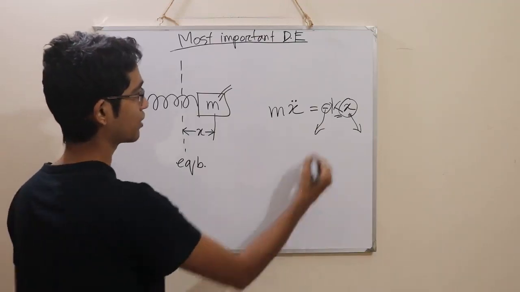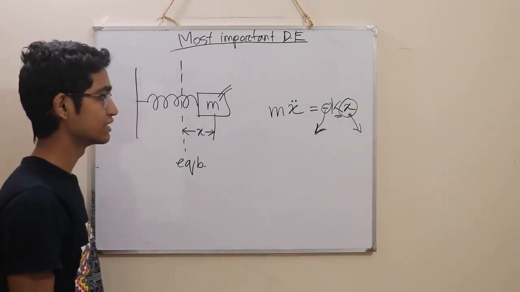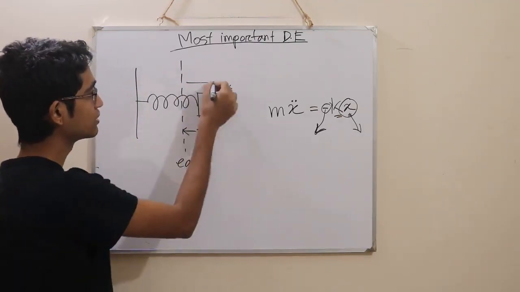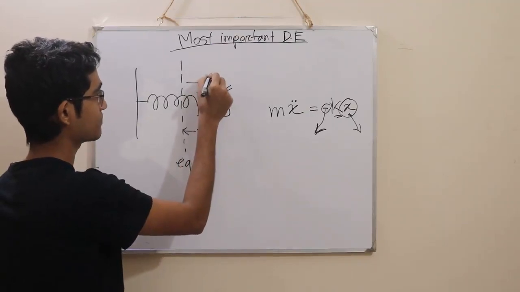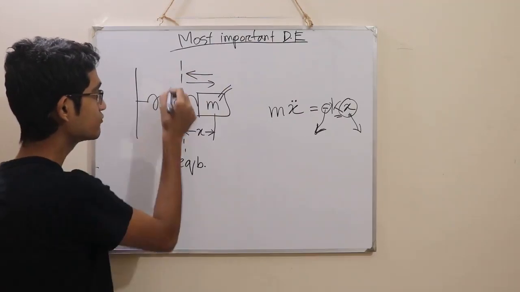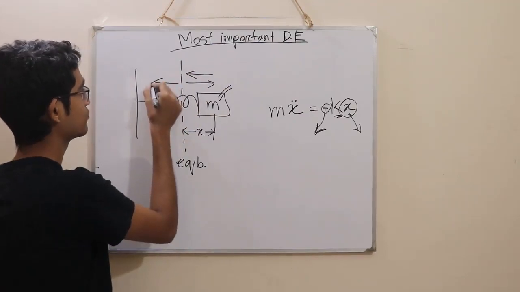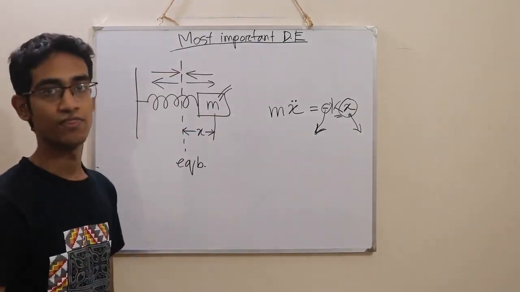And now let's take a look at why there is a negative sign here. Because we see that if we pull the body this way, the force applied on the body by the spring acts this way. And if we push the body this way, the force applied by the spring will be this way.